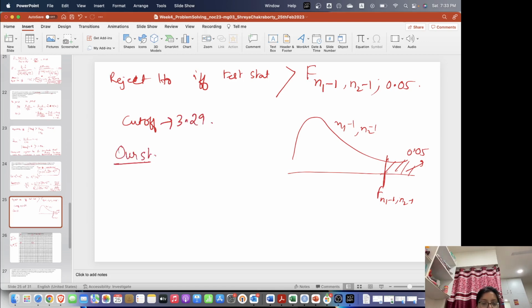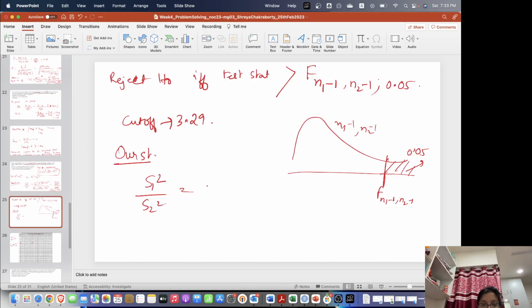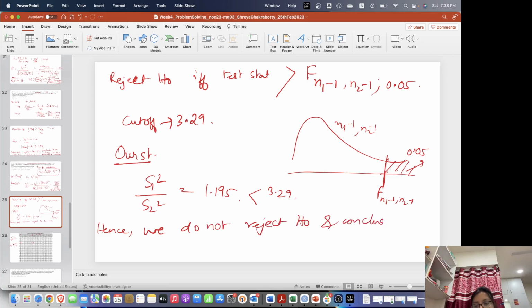Our statistic value is S1 square by S2 square. It came out as 1.195, which is less than 3.29. Hence, we do not reject H naught and conclude.